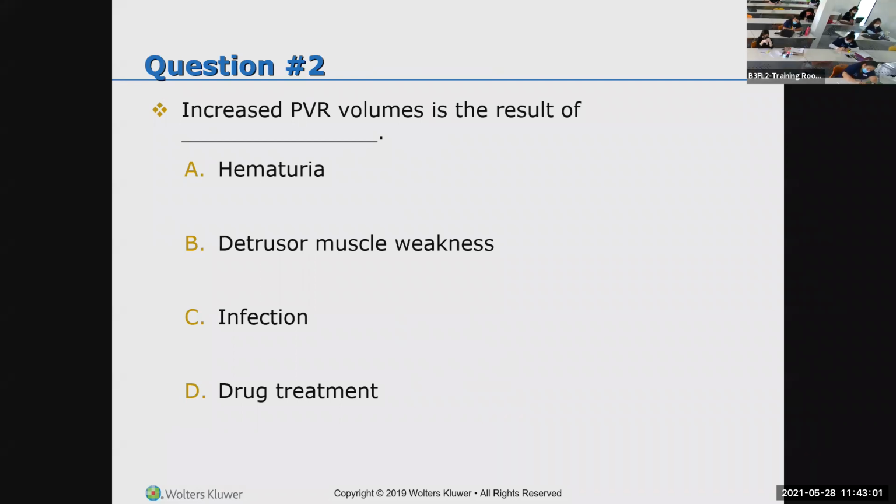Increased post-void residual volume is the result of detrusor muscle weakness, infection, or drug treatment.